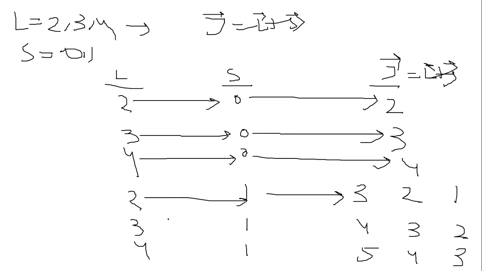There are 3 J values. For L equal to 3 and S equal to 1, there are again 3 J values, which are 2, 3, 4. For L equal to 4 and S equal to 1, there are 3 J values, which are 3, 4, 5. So here as you can see there are many J values, so there will be different energy levels.